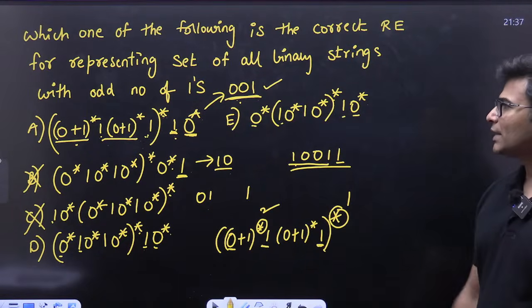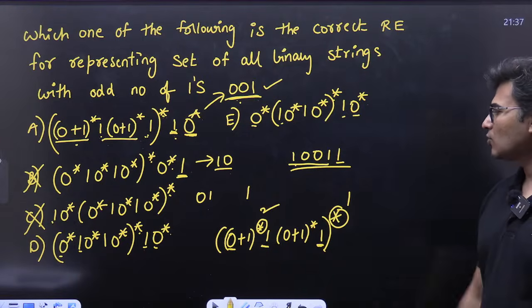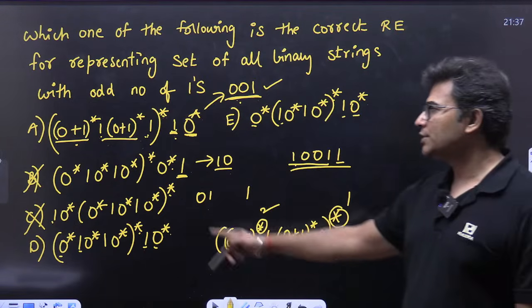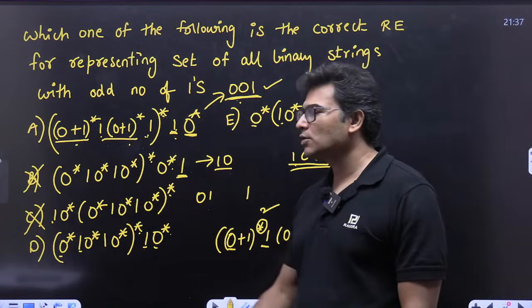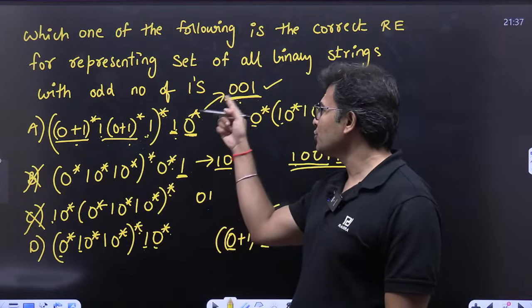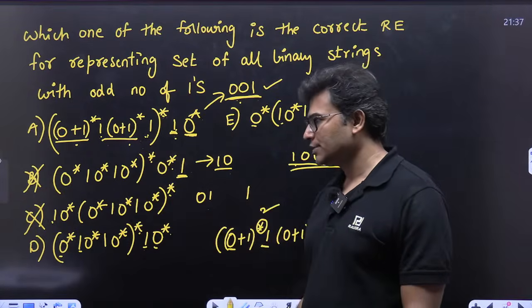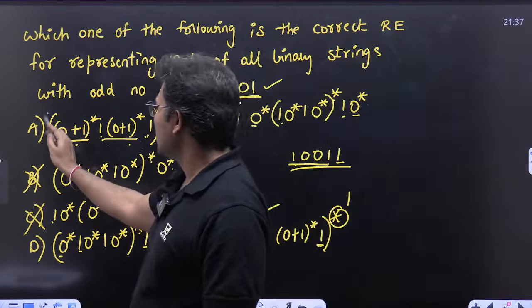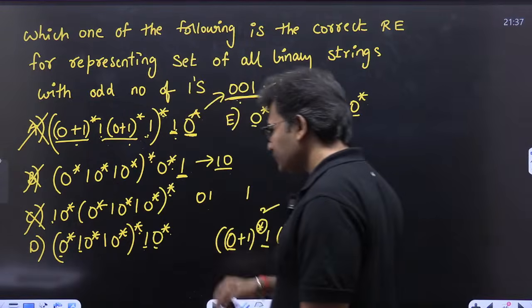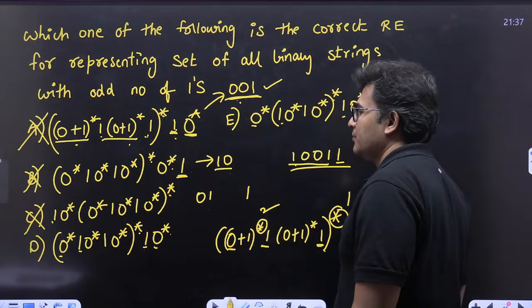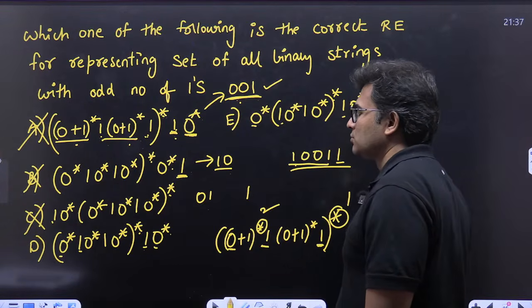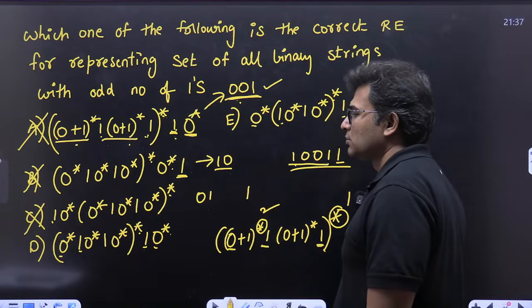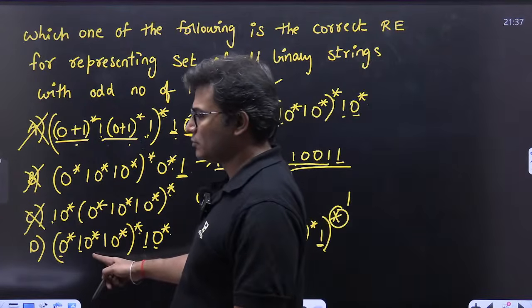Even though it is generating odd number of strings, but not all the odd number of strings. 0 0 1 cannot be generated. So eliminate this, right? Okay. Now check the option D.